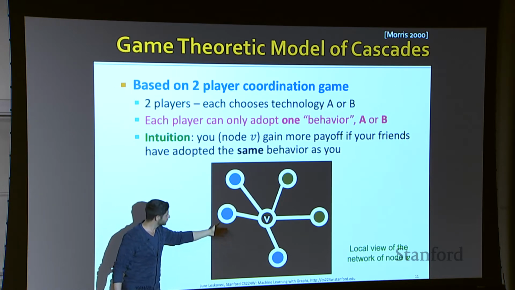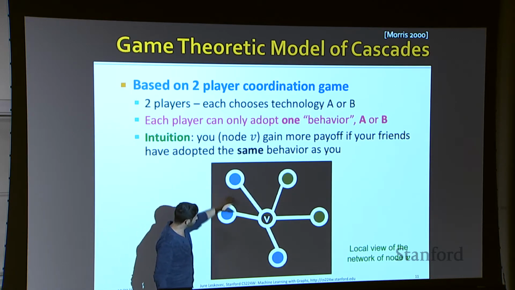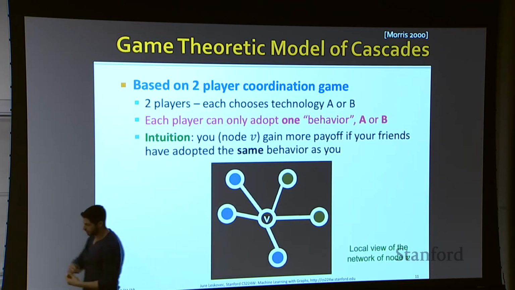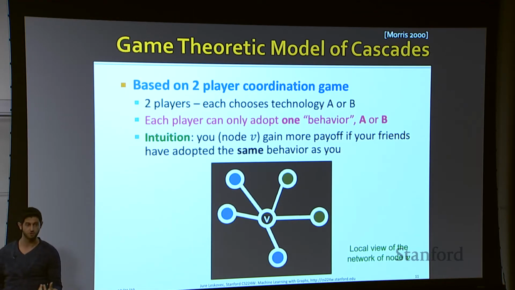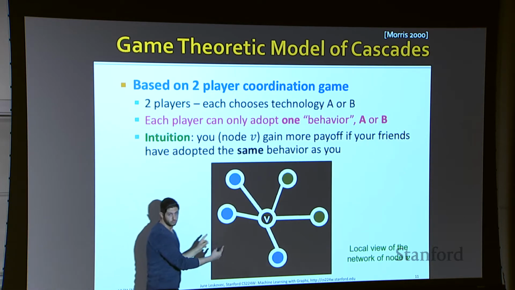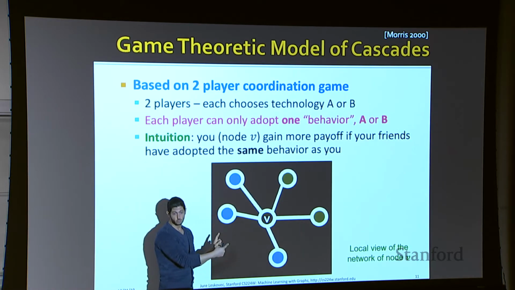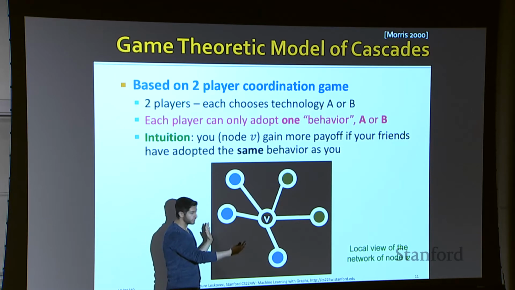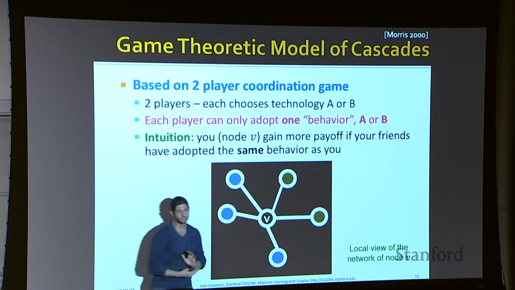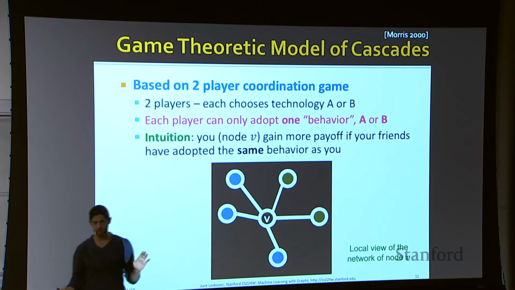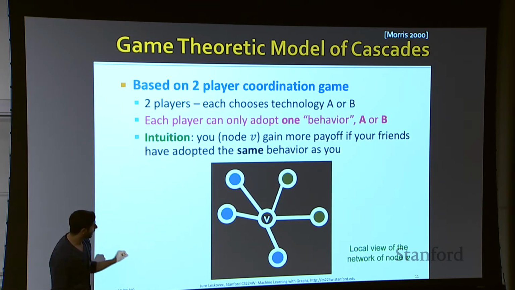So that's why we can formalize this whole model with just 2 players, because at the end of the day, you allow each pair of nodes to play their own game, okay? When you have a larger network with multiple nodes, you're just playing a lot of different games among all the possible pairs.